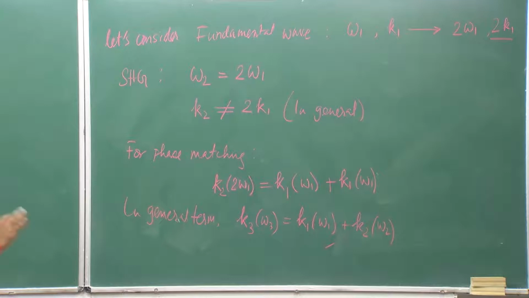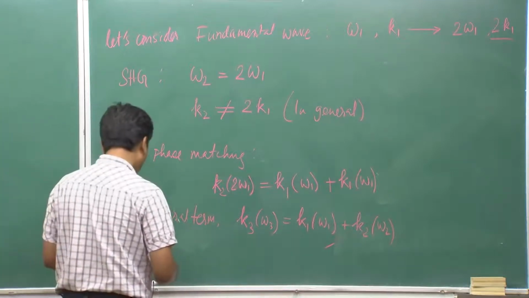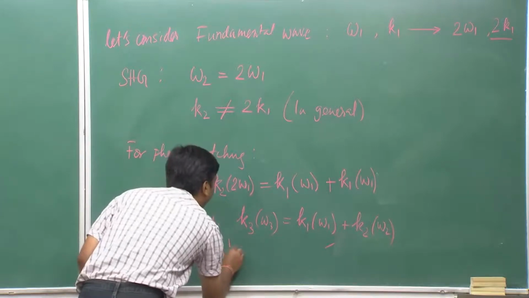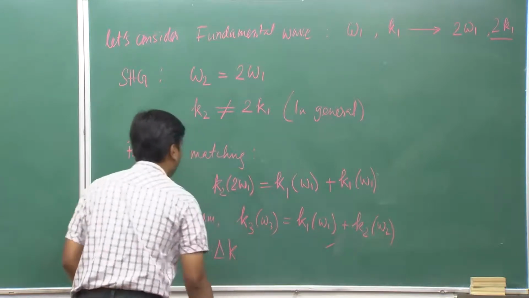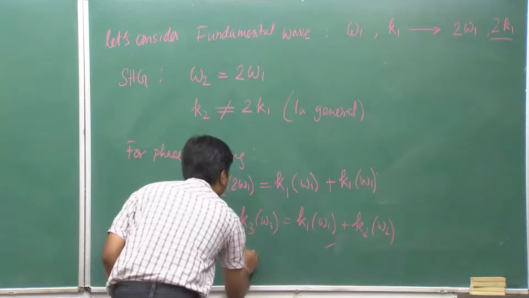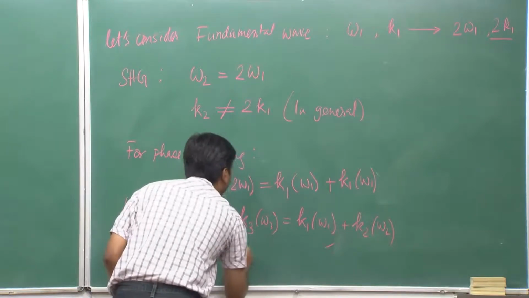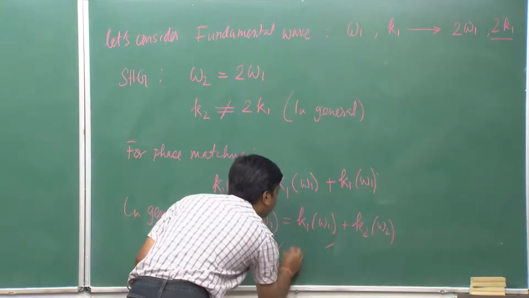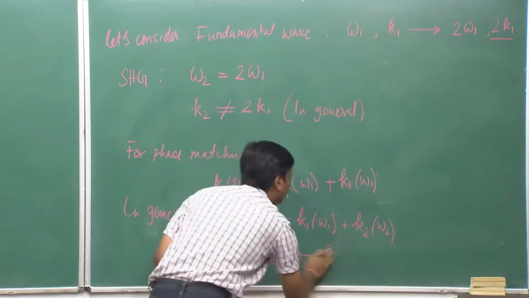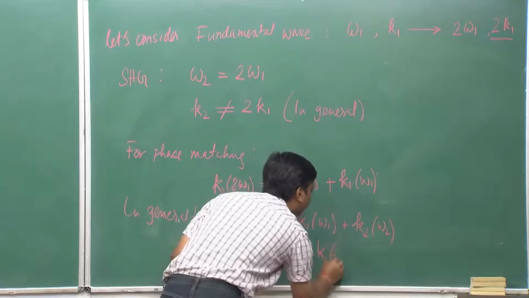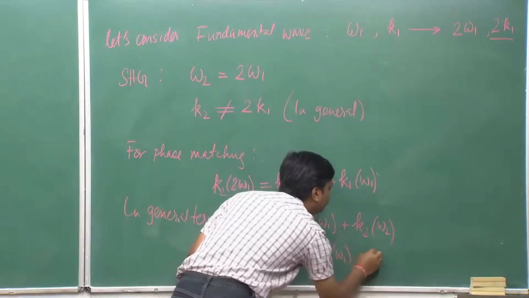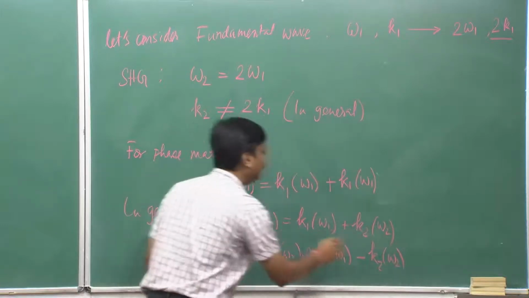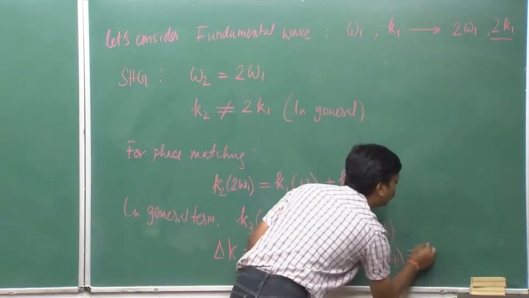So, this is the most general form, and I can rewrite this in terms of delta k, which is equal to K3 omega 3 minus these two quantities, that is K1 omega 1 minus K2 omega 2, and this delta k must be 0.